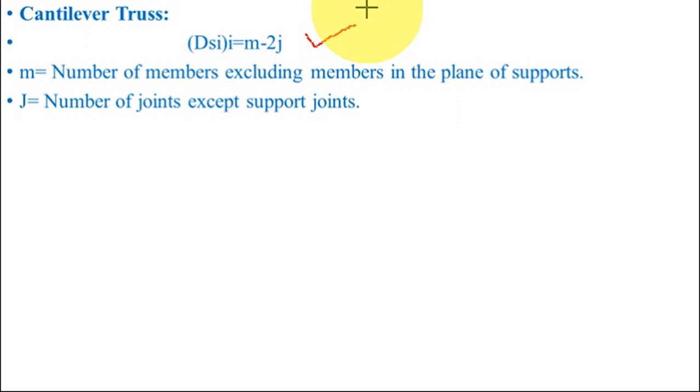What is meant by m? m is the number of members in a truss excluding members in the plane of supports. This is very important. And j is the number of joints, small j, excluding support joints.